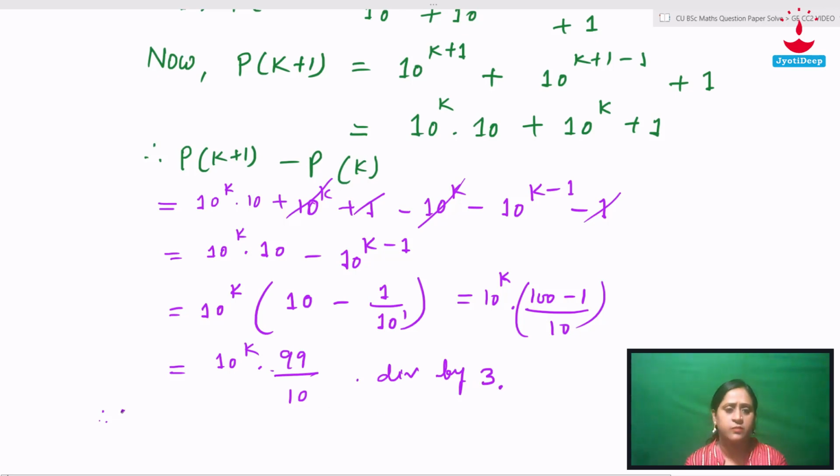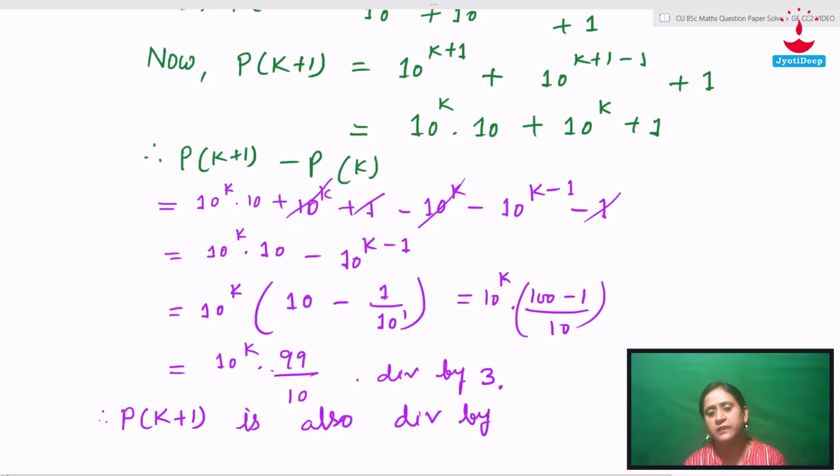So Pk is divisible by 3 and Pk plus 1 is also divisible by 3.